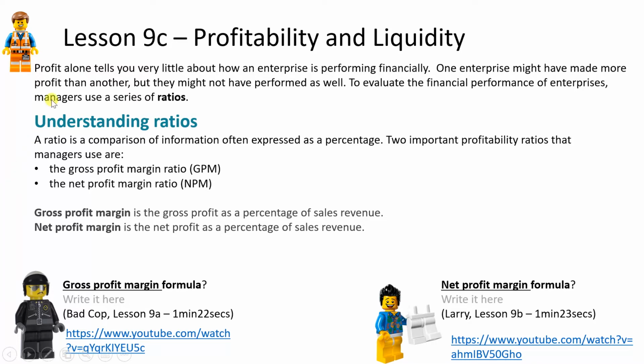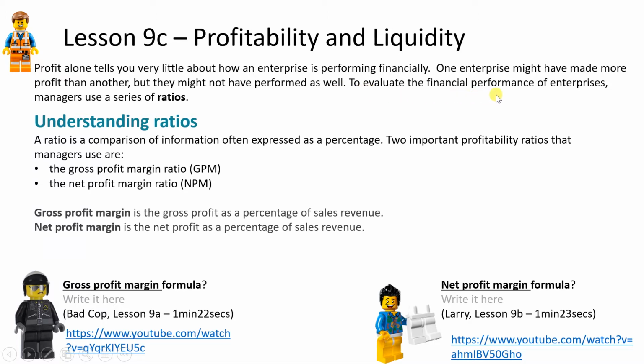This is part 9C. So profit alone tells you very little about how an enterprise is performing financially. One enterprise might have made more profit than the other, but they might not have performed as well. Think about their costs, think about how much revenue they make, and then they've got to pay their costs, so whatever's left. So you've got to look into it a little bit more than just looking at revenue.